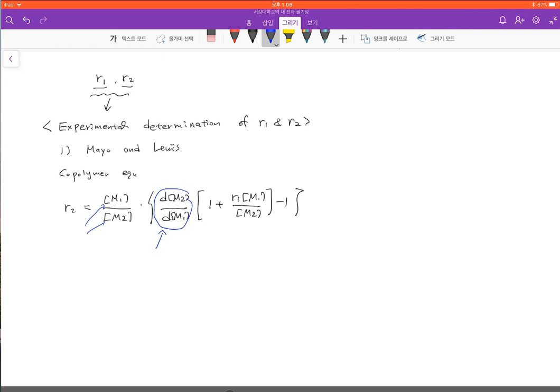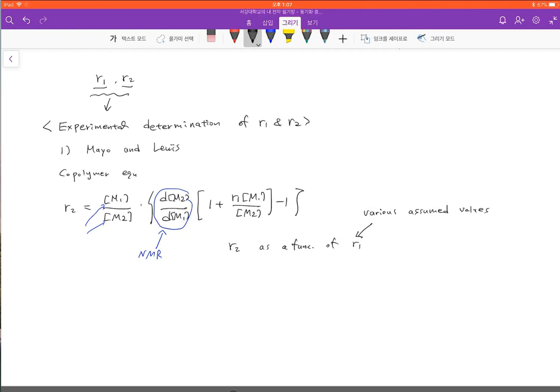M1 and M2 are the monomer feed, so we can just control it by experiment. dm2 over dm1 can also be determined. This is just the monomer ratio inside the copolymer, which can be determined by experiments such as NMR. Then what you do is you simply plot R2 as a function of R1.